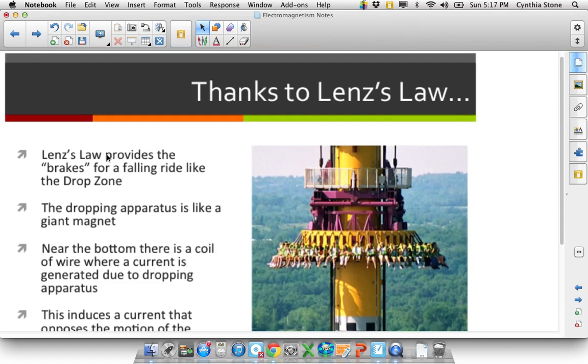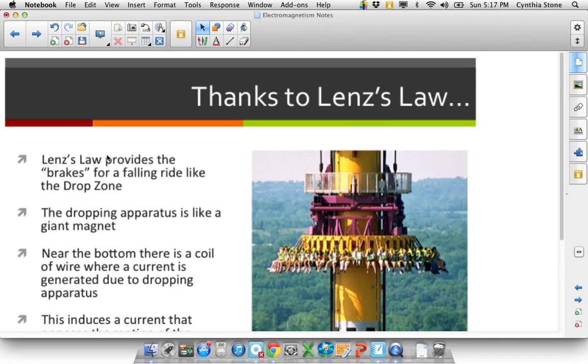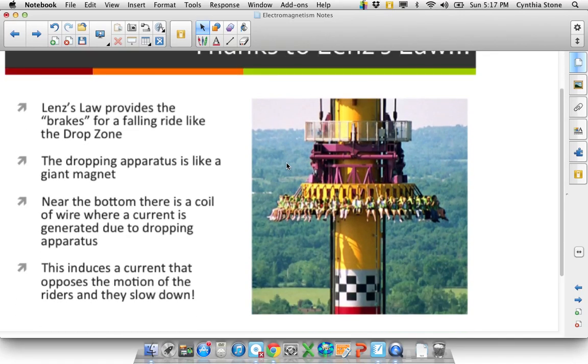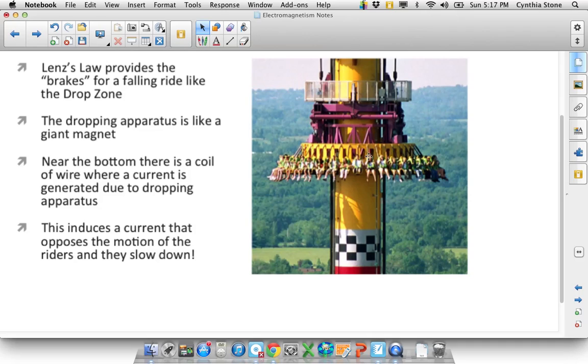So Lenz's law, we actually apply it specifically in something like the drop zone here. The way the brakes on a machine like this work is that there's a giant magnet. Probably it's an electromagnet, but the riders are sitting on a magnet, and they allow a conductor to be down the pole here.